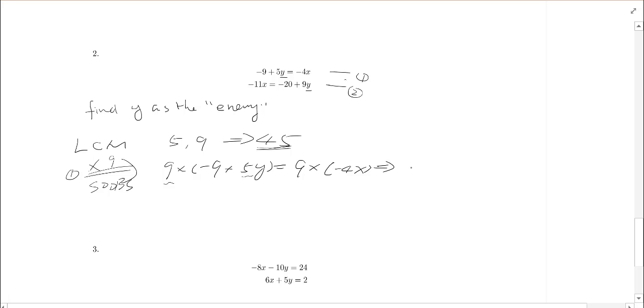So I got minus 81 plus 45y equal to minus 36x. Okay, cool. This is the operation.